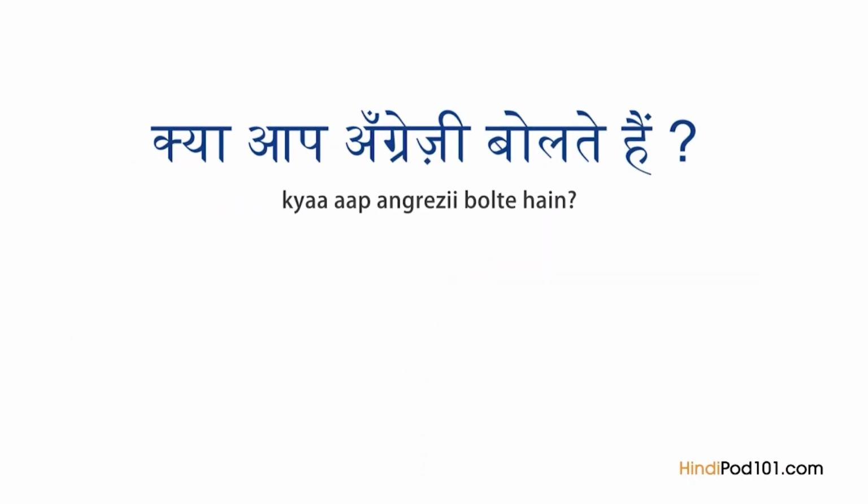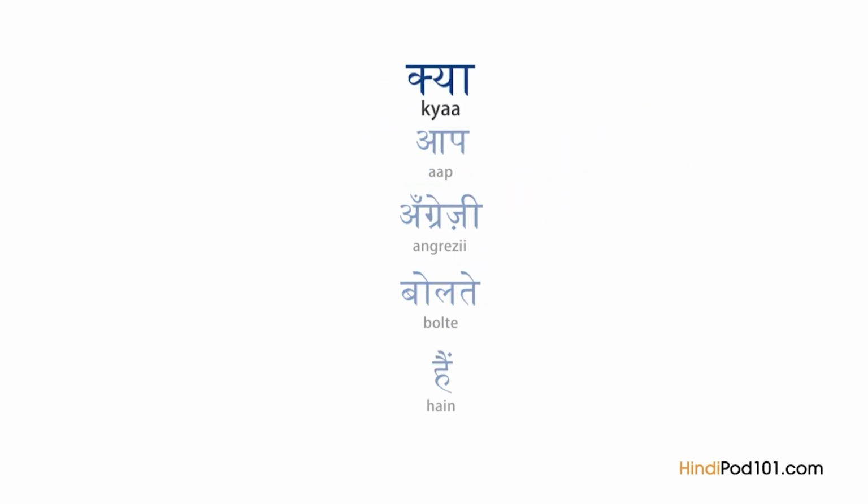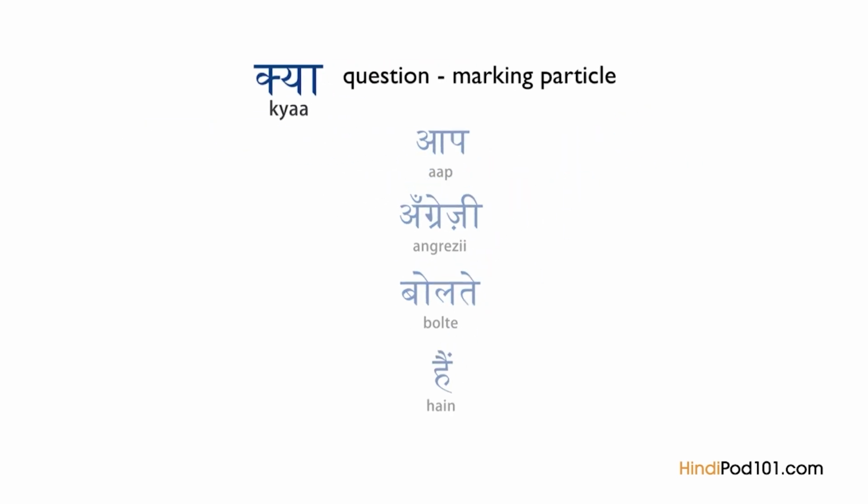Let's have a closer look at this sentence by breaking it down. क्या? Kya is a question marker which comes at the beginning of the sentence. Next is aap. Aap means you. This is the respectful word for you and is used in formal situations. You should always use it with people you don't know or with elders.